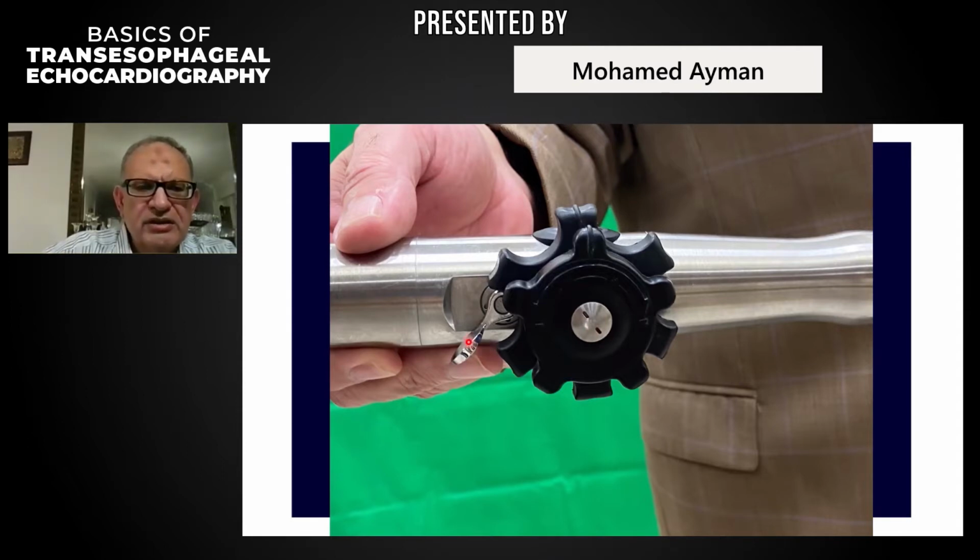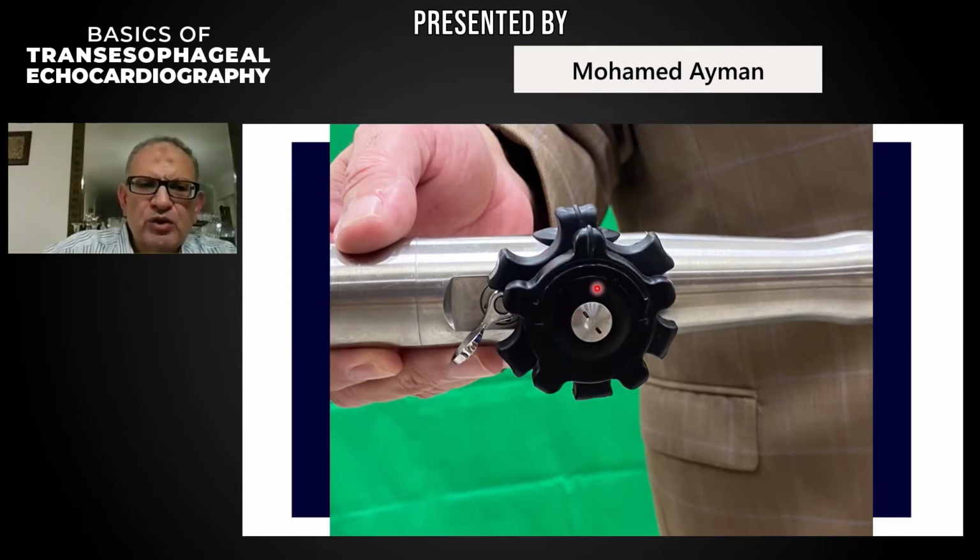So unlock this, and the function of these two wheels is to control the motion of the tip of the transducer. Clockwise rotation of the big wheel, this one, will make anteflexion of the tip of the probe, while anticlockwise rotation of the big wheel will cause retroflexion of the tip.